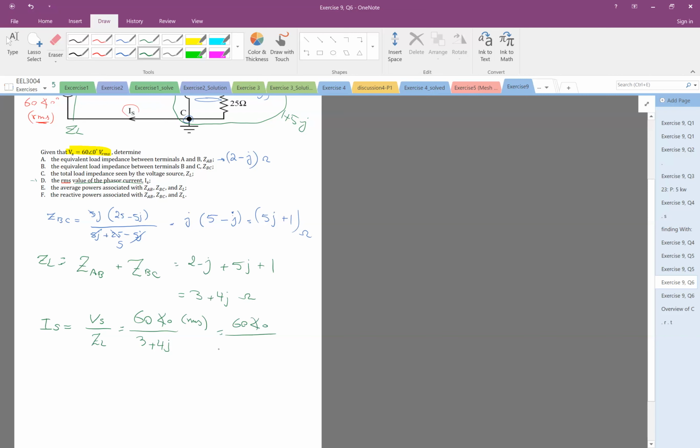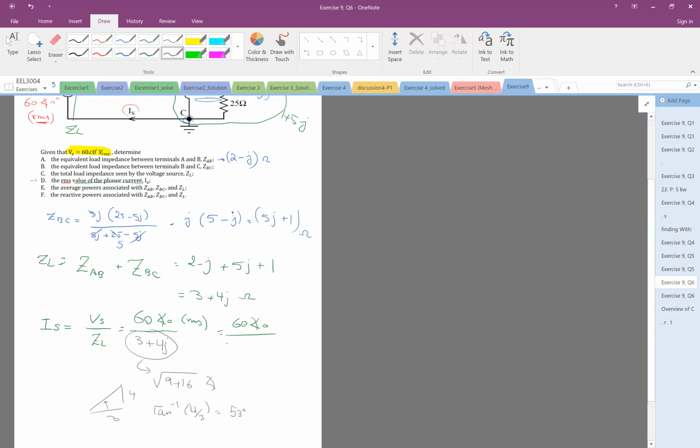So 3 plus 4J in polar format would be the square root of 9 plus 16, which is 5, with the angle of tangent inverse of 4/3 in degrees, which is almost 53 degrees.